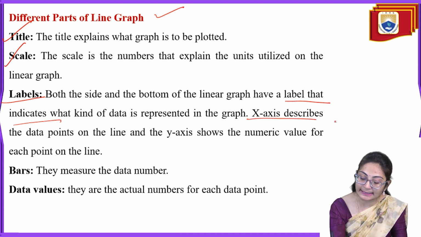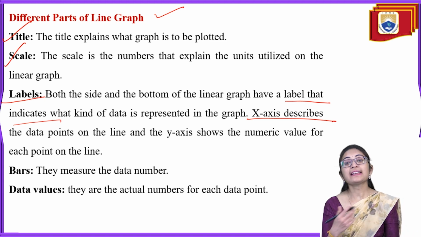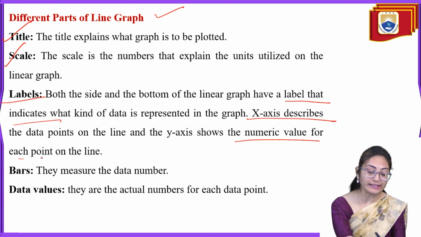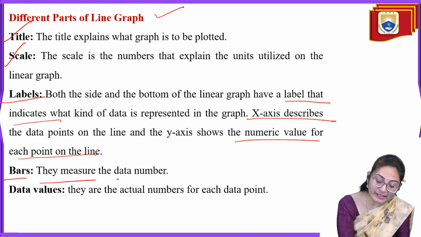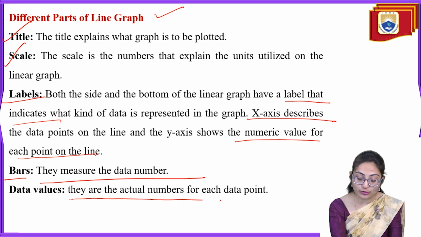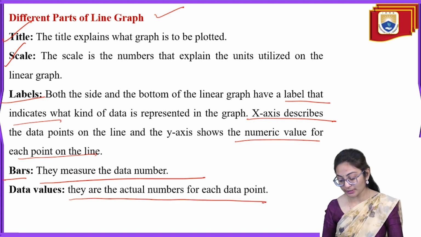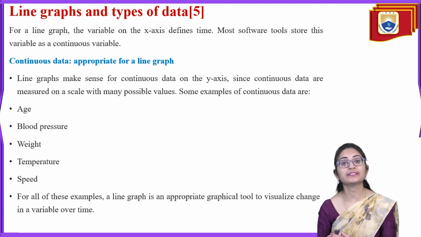The x-axis describes the data points on the line, and the y-axis shows the numeric value for each point on the line. Then bars, they measure the data number, and then data values, which are the actual numbers for each data point.